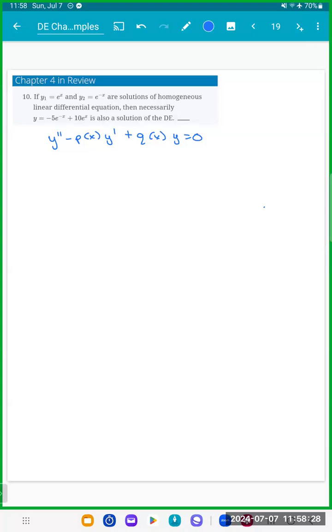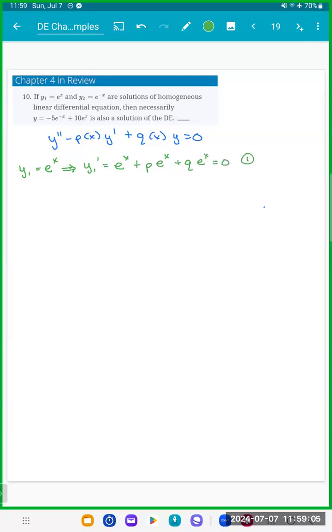Okay. And so if we're looking at our y1, that equals e to the x, right? And so from that, when we're looking at y1 prime and y1 double prime, referring up to the equation, this would give me then e to the x plus p e to the x, that's the p function, plus q e to the x is equal to 0.